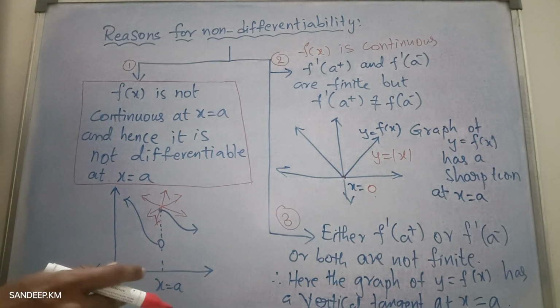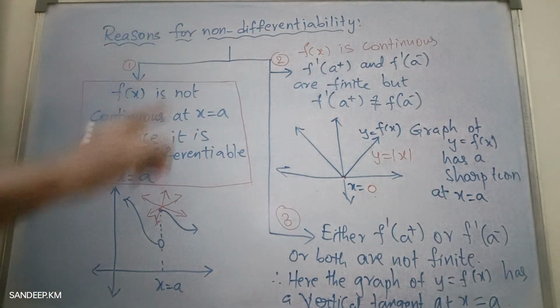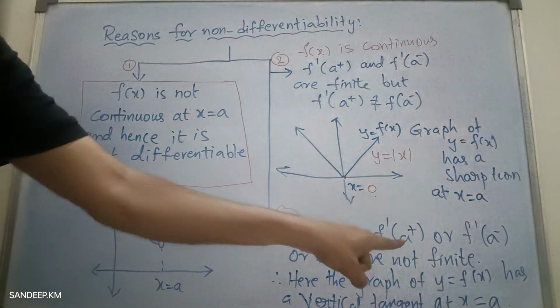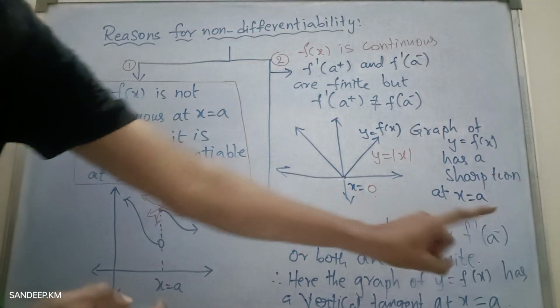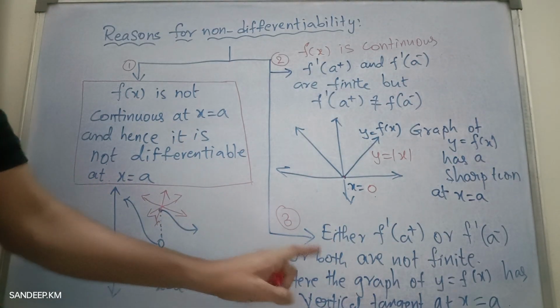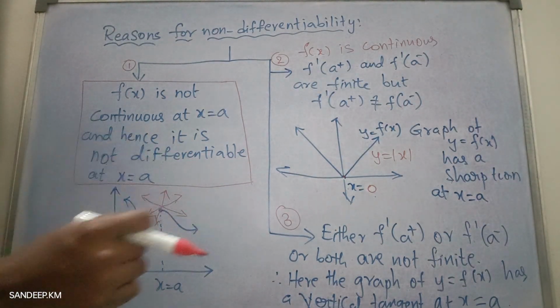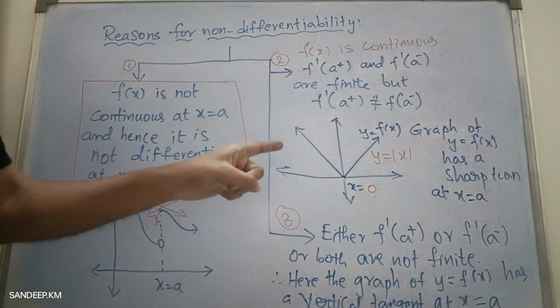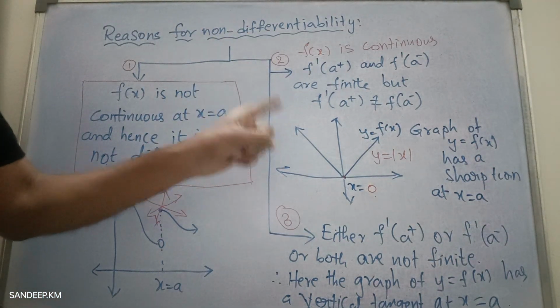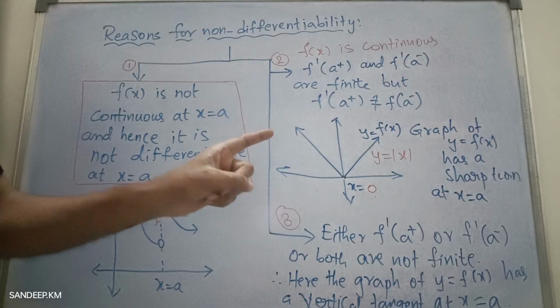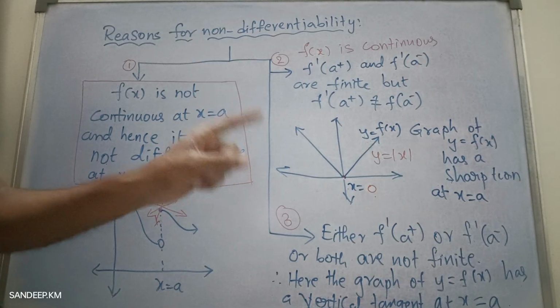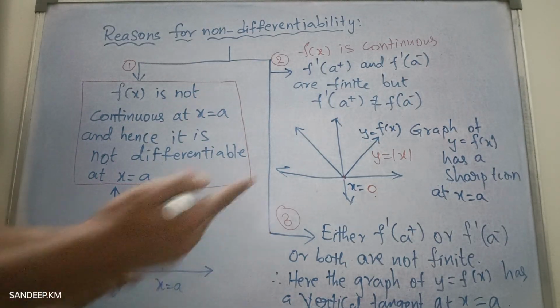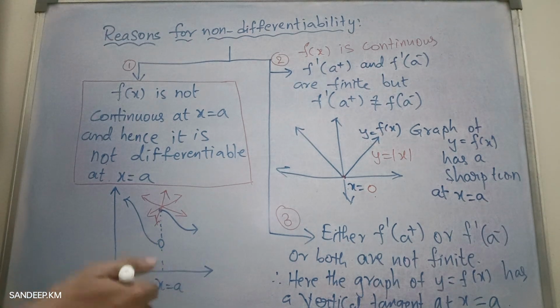The third reason for a function to be non-differentiable is that either RHD or LHD or sometimes both are not finite. Please observe this. Left hand differentiability must be finite. Right hand differentiability must be finite. Now if they are not finite, the function is not differentiable at x is equal to a.